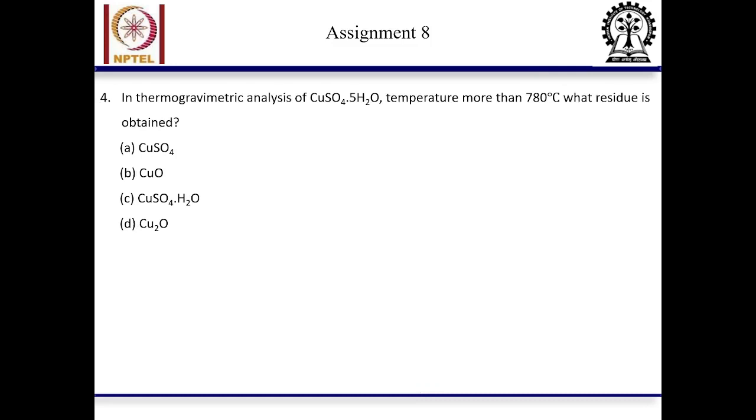So what is it saying? In thermogravimetric analysis of copper sulfate pentahydrate at temperature more than 780 degrees, what residue will form? Can anyone write what residue it will form? And there is a very nice concept here, so if anyone can write why they are giving this answer, then it will be good.